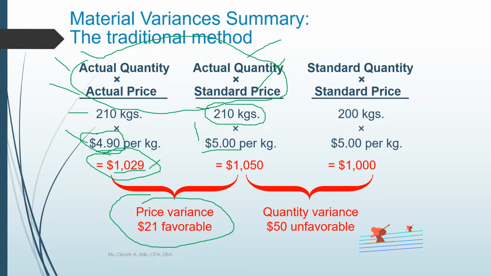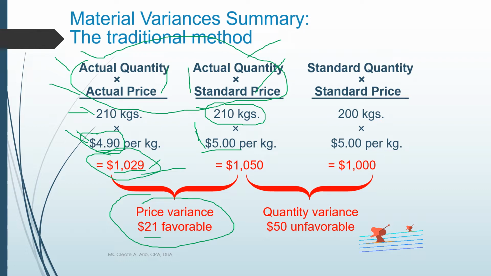You will still arrive with a price variance that is favorable by how much? 21. Why is this favorable? This is favorable because your standard price is higher than your actual price. Your standard price is 5 while your actual is only 4.9. Ma'am, how did you arrive with 4.9 again? That's 1,029 divided by 210.